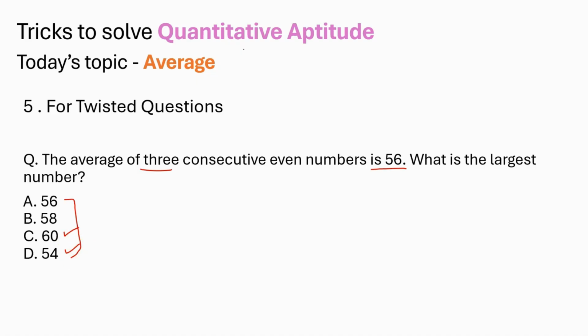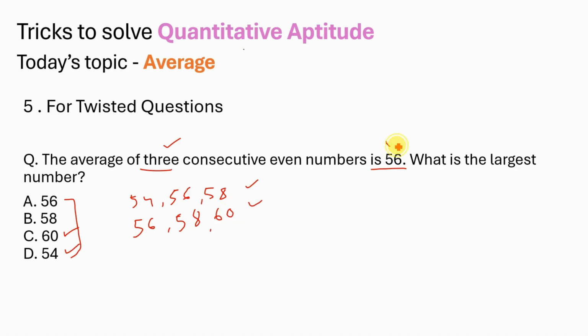The first group would start from 54: 54, 56 and 58. Why? Because we only need to take three consecutive numbers. The second group we can make using 56, 58 and 60. Can we create another group? If we start with 58, only two numbers remain. So using these options, we can have only these two groups.